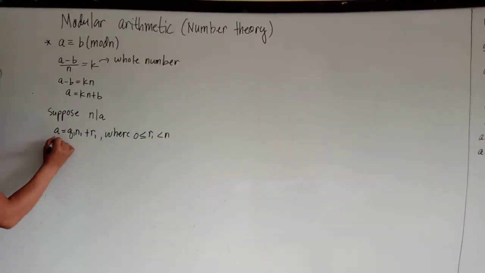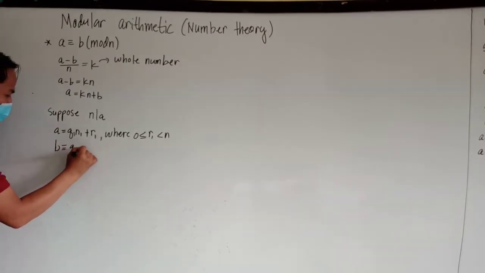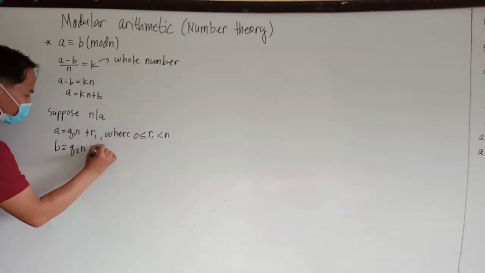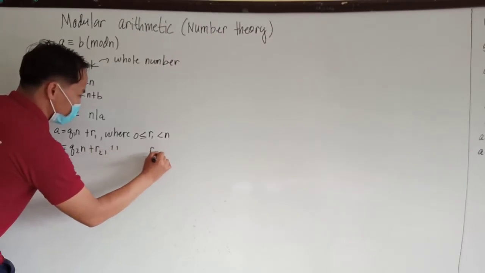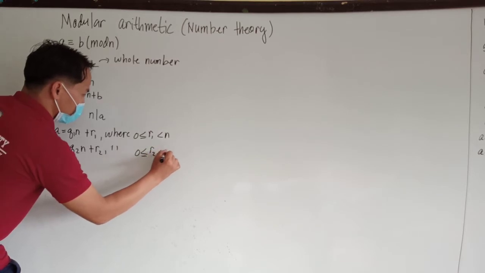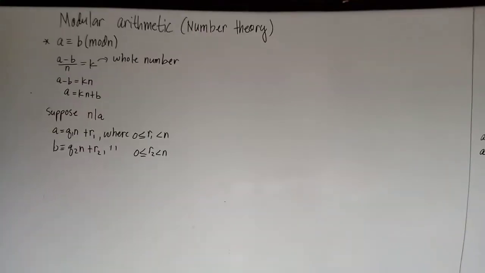Another one, there exists also A such that it is equal to Q sub 2 times n plus R sub 2, wherein R sub 2 resides in a value from 0 to n.